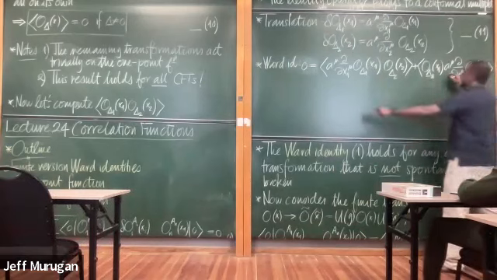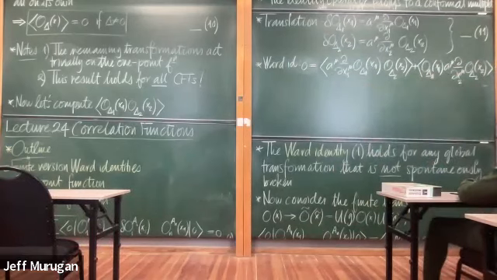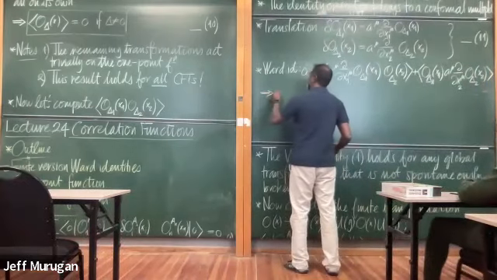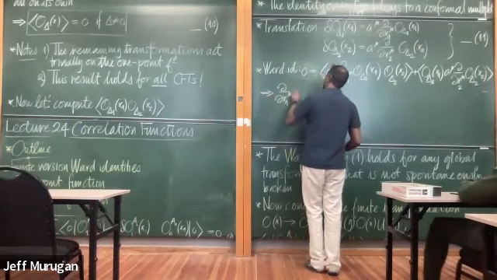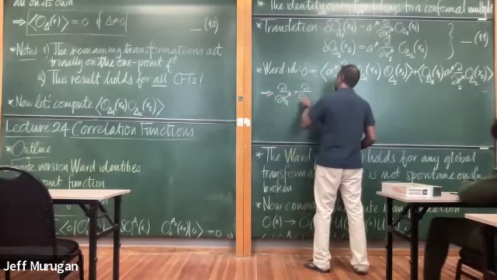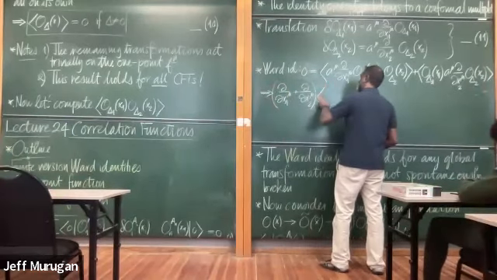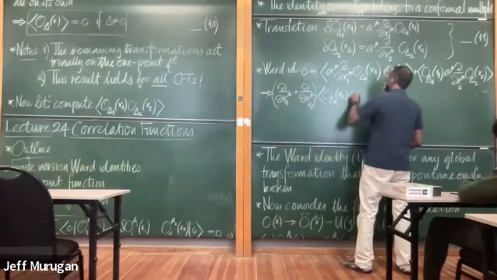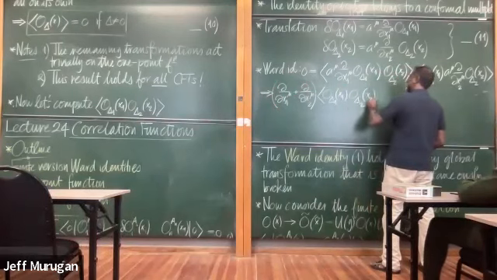And again, this must hold for any vector a mu, which means that the following is true: d by dx1 mu plus d by dx2 mu acting on the 2-point function of O delta 1 at x1 and O delta 2 at x2 must vanish.